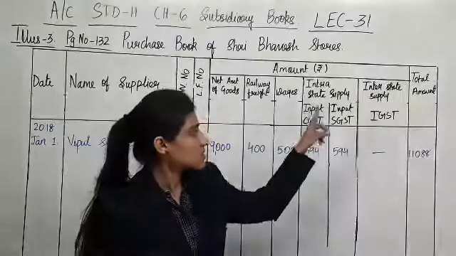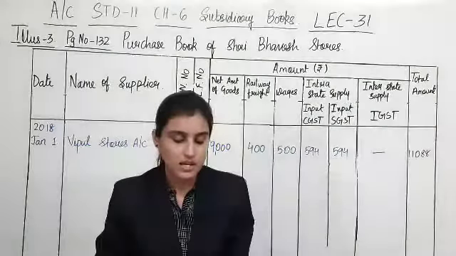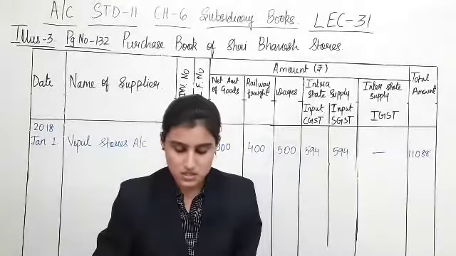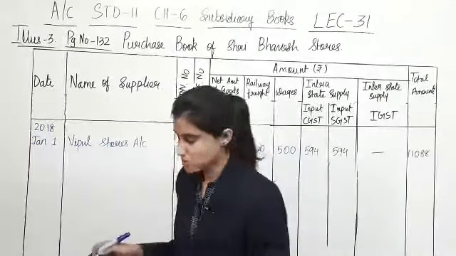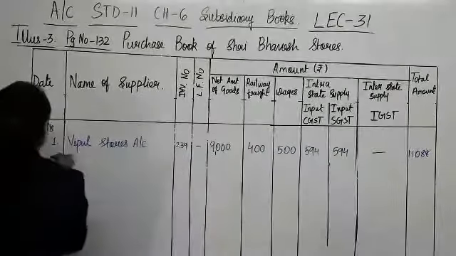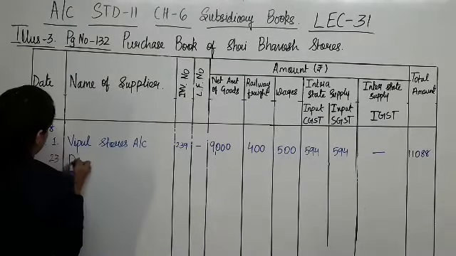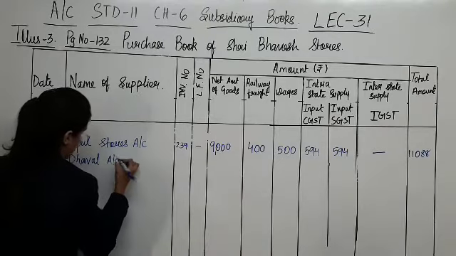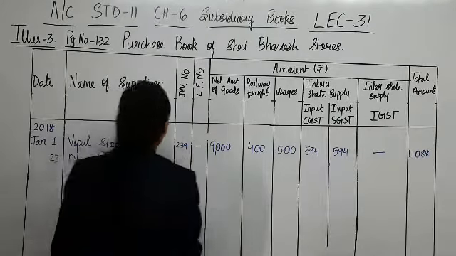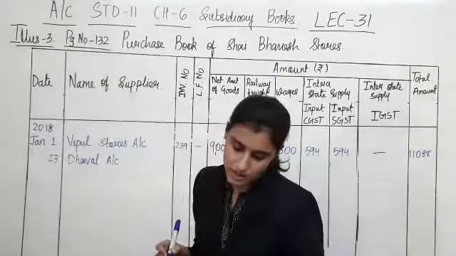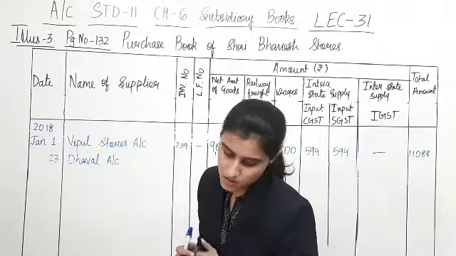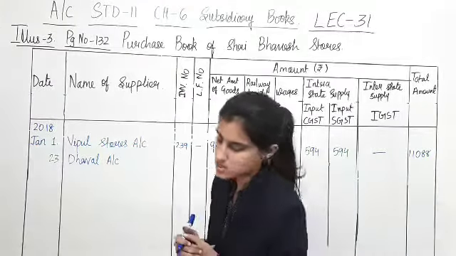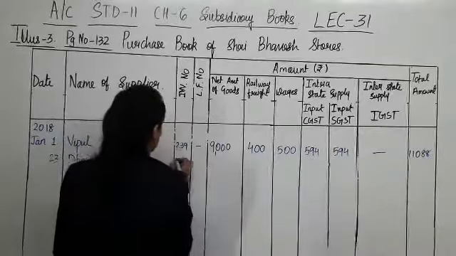So this is interstate supply. Name of the party is Dhaval, on 23rd of January. Dhaval account. Let me check if we are provided with any bill number. Invoice number 971.